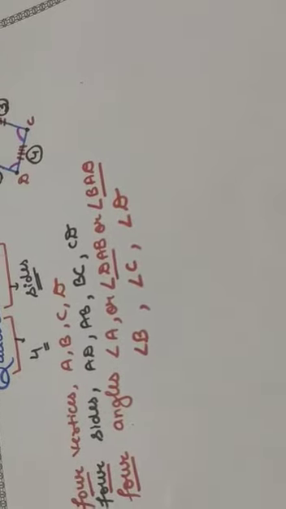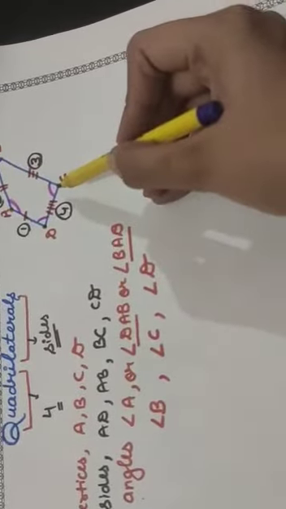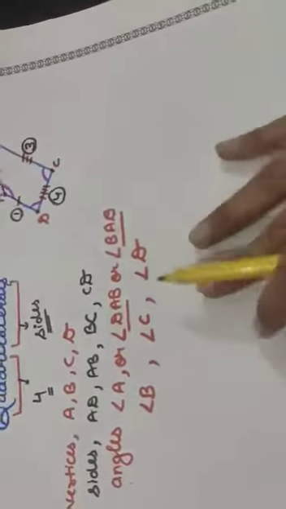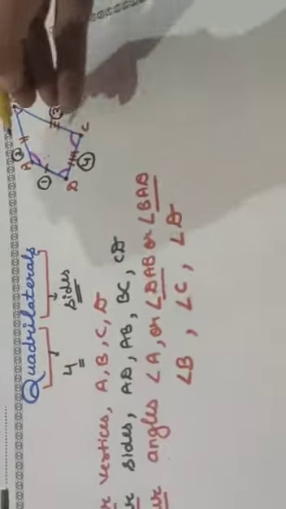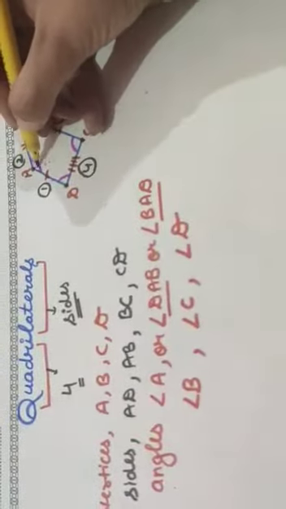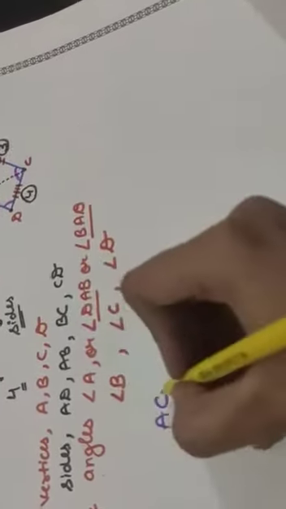There is one more thing that you should know about the quadrilateral. See that, bacha, the vertex A and the vertex C. This vertex A and this vertex C are the opposite vertices, and the line segment joining the opposite vertices is known as the diagonal. A and C are opposite vertices, so this line AC is the first diagonal.